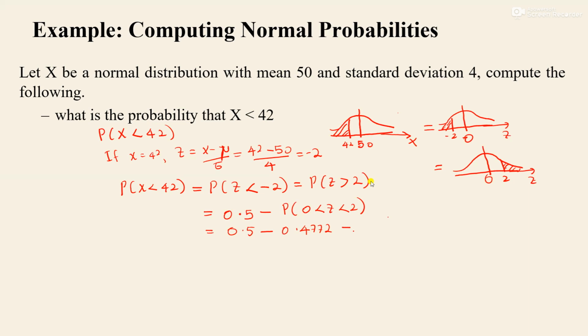So 0.5 minus 0.4772 is equal to 0.0228, that is equal to 2.28%, right?